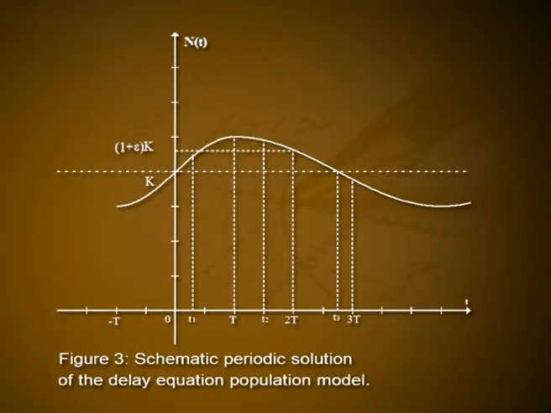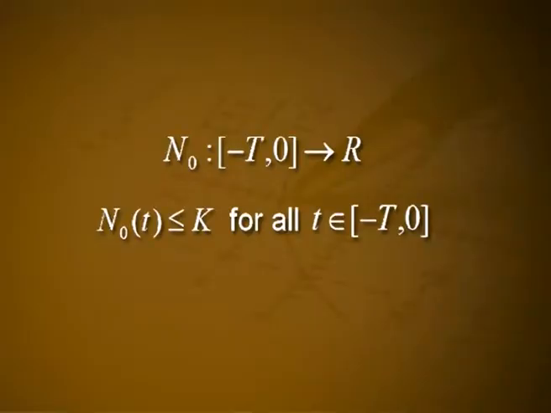Figure 3 gives a schematic periodic solution for the delay equation population model. We will refer to figure 3 and suppose that the initial function n0 from the closed interval minus T to 0 to R is monotonically increasing and such that n0(t) is less than or equal to k for all t in minus T to 0. Assume further that n0 at 0 is equal to k.